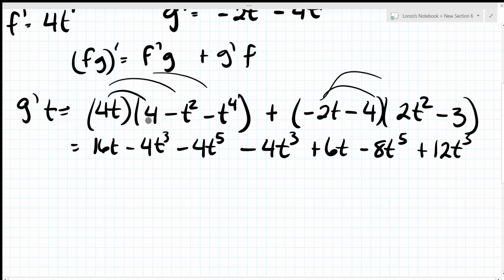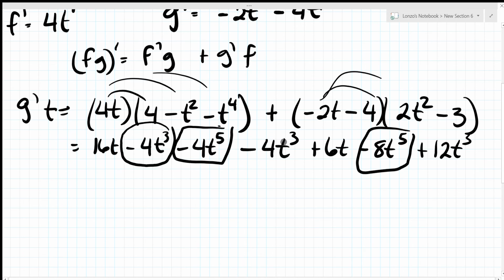So here, you have the highest power is 5, so box the 5s. You can circle the next, what is my next highest power? 3. So you can circle that. Anything with a cube, with a 3, just circle that. And then you just bring in the leftovers.